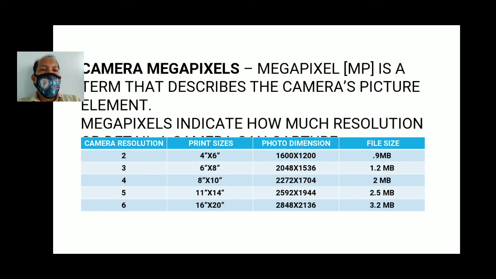When you look at the file size according to the camera, we have 2.9 MB, 1.2 MB, 2 MB, 2.5 MB, 3.2 MB, and so on and so forth. So these indicate the resolution of the camera megapixels.